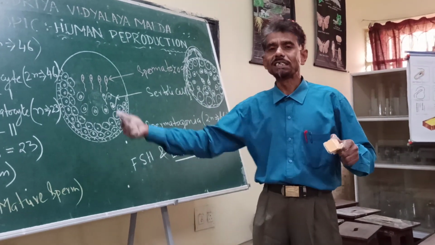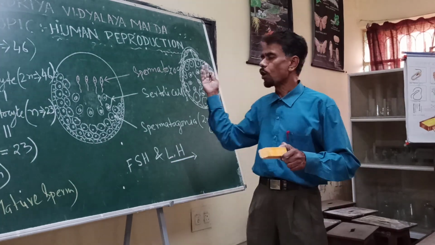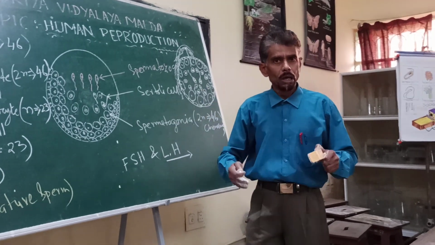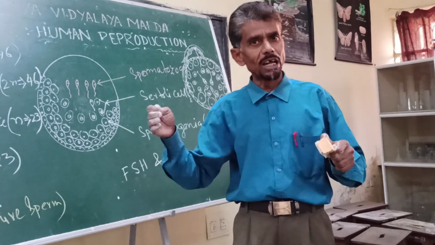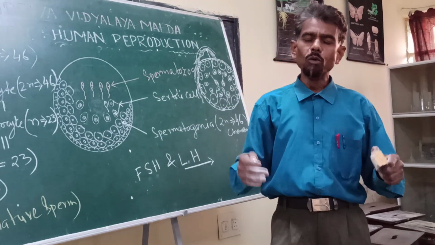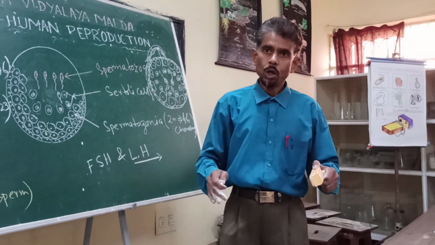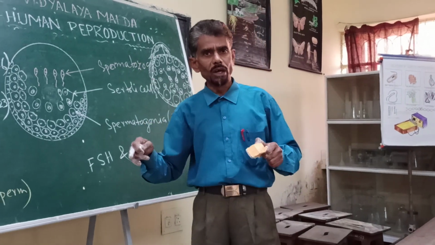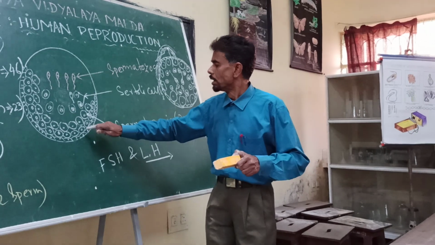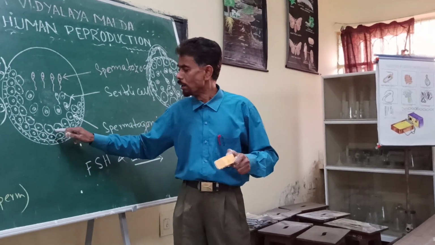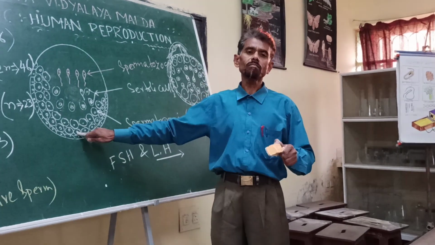So if I make a synopsis of the whole thing we have discussed today, we have made a cross section through the testis. If we make a cross section through the testis, we will get so many seminiferous tubules. Seminiferous tubules are the site for the production of sperm. Within the inner layer of the seminiferous tubule, there is a basement membrane, and next to the basement membrane we have the spermatogonial stem cell.